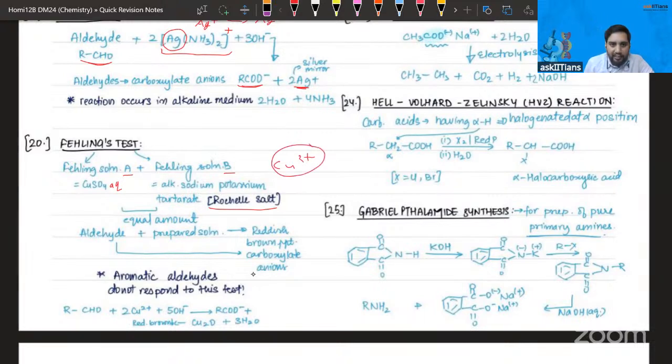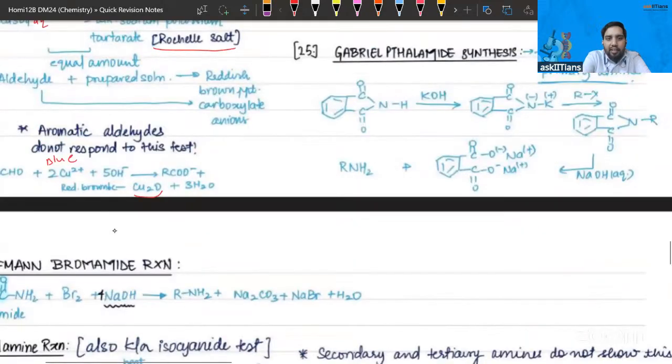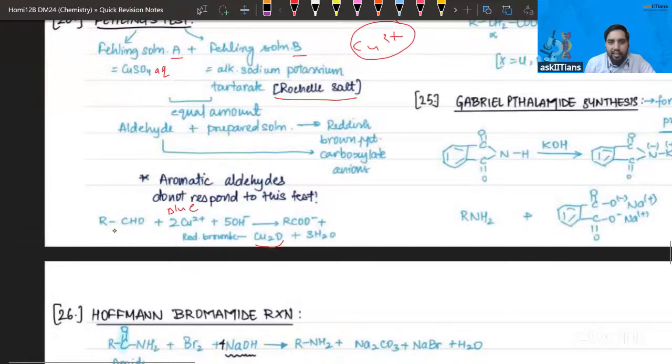Copper 2 plus, you know the color of the copper 2 ion, or copper sulfate, which is blue. When the reaction occurs, again oxidation takes place. It produces Cu2O. The color of Cu2O is red brown or brick red.